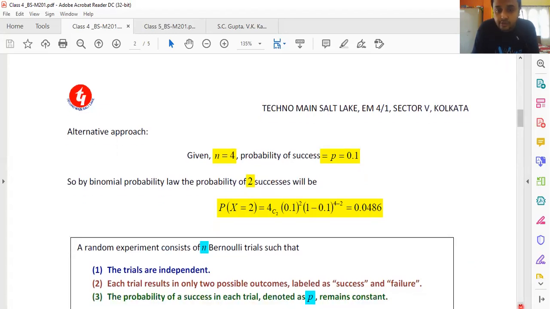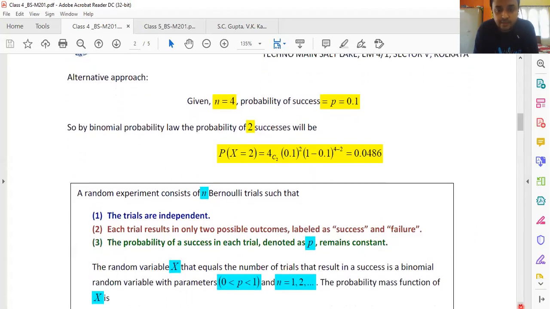I have written here this particular formula, which goes like this. Out of 4 bits, 2 bits are error prone. So this can be chosen in 4C2 ways, multiplied by the probability squared, that means the success probability that has been squared, and the failure probability, which is 1 minus 0.1.